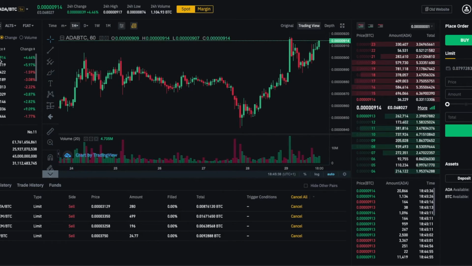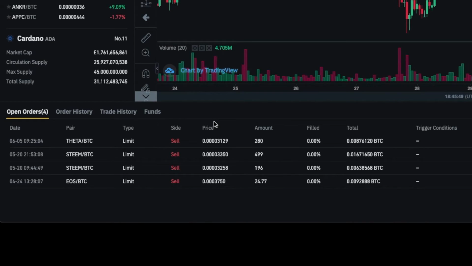Here you've got all the pairs. It shows you your last price and how much it's changed in the last 24 hours. And here you've got your orders. This is where it keeps a record of what you've traded. As you can see, I've got 4 orders yet to be closed. These orders are to sell.